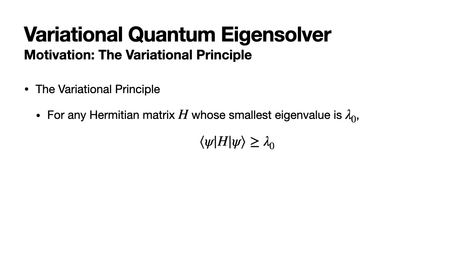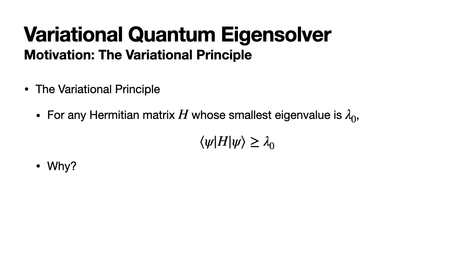This principle states that for any Hermitian operator or matrix H whose smallest eigenvalue is lambda 0, and for any normalized state vector ket psi, this value will always be greater than or equal to lambda 0, with equality holding true only if ket psi happens to be the true ground state eigenvector of H.